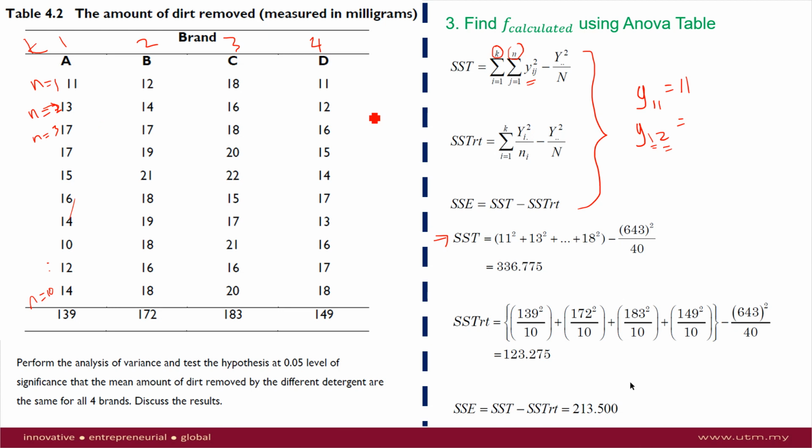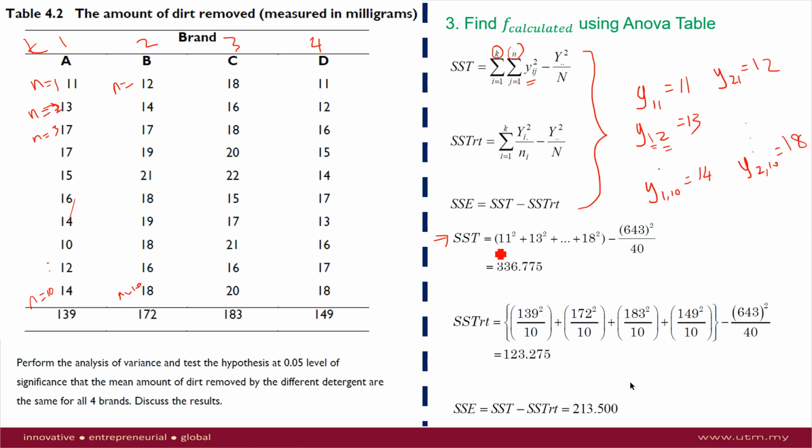So that means y12 is equal to 13, until y110, the value is 14. How about y21? Now your level is 2 and your observation number is 1. So this is 12. How about y210? This one would be 18.